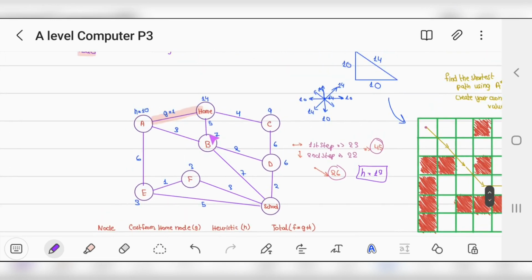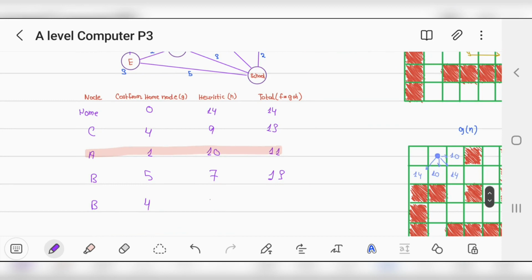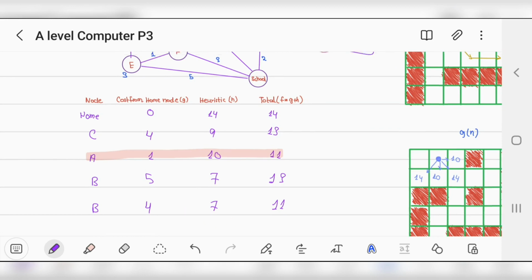The heuristic is 7 again, so I'll write down 7. The total is 11.